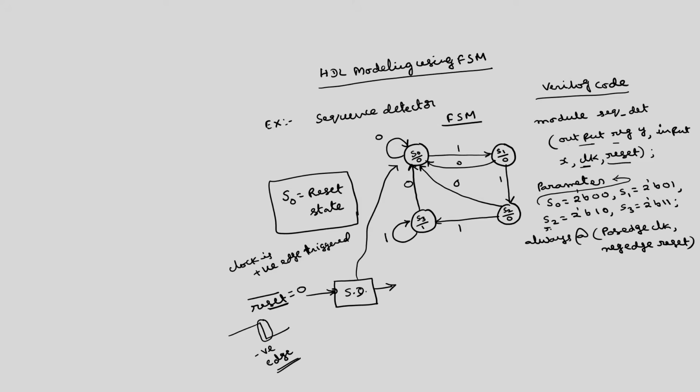So, we can have a register here, reg [1:0] state, next state. So, always at positive edge of clock or negative edge of reset, if reset is equal to 0, the initial state is equal to S0.